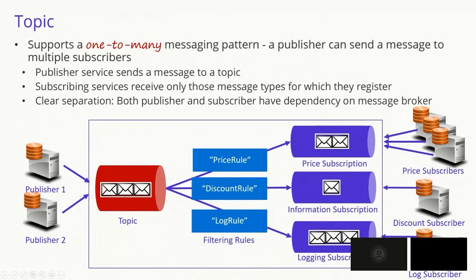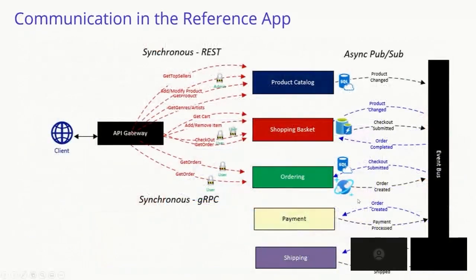Here's a scenario. In fact, you can see pretty much in the application that we give you, we do have an event bus. It basically is using topics. I'll show you an example. The shopping basket publishes a checkout event to the event bus. The ordering service subscribes to the checkout event. It creates the order.